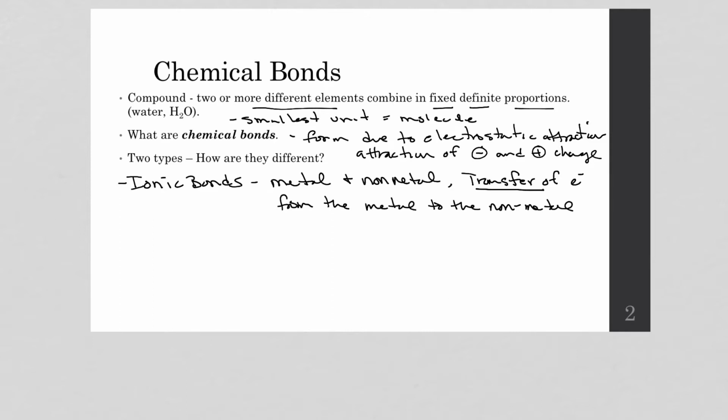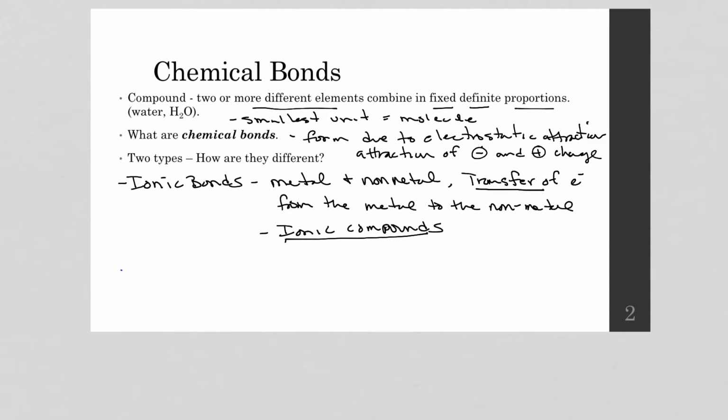So we have a bond between a metal and non-metal that involves transfer of electrons. We find ionic bonds in ionic compounds. So this is the first type.